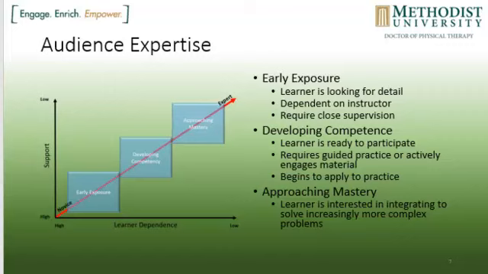Sometimes it depends on the task that's involved. These boxes are not mutually exclusive of each other. Sometimes they overlap. And sometimes you can go through and be mastery at a certain task and then learn a new one and come back to being someone who's in early exposure. If you don't know where your learner is on this curriculum, you may not be teaching them appropriately.